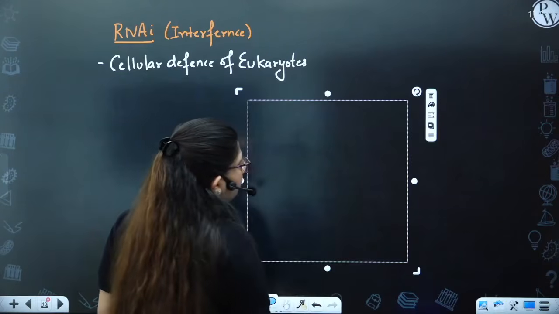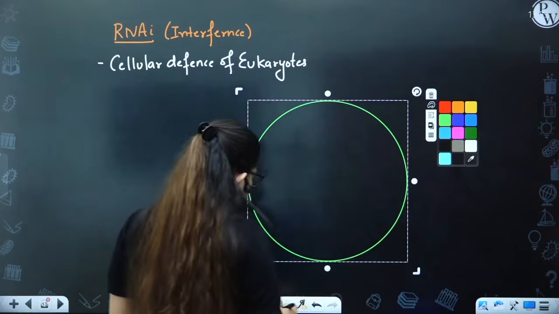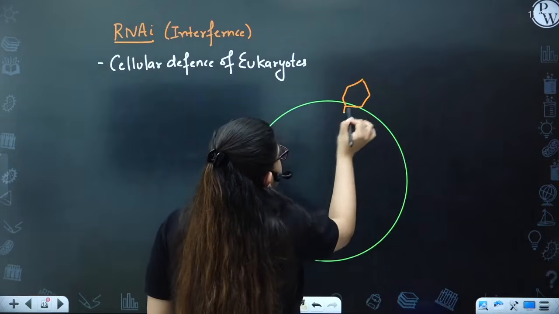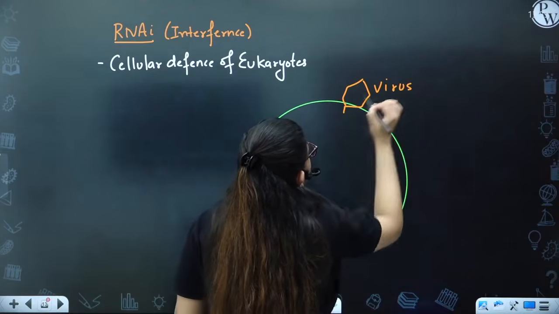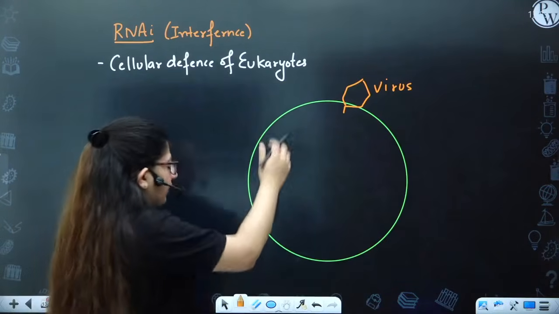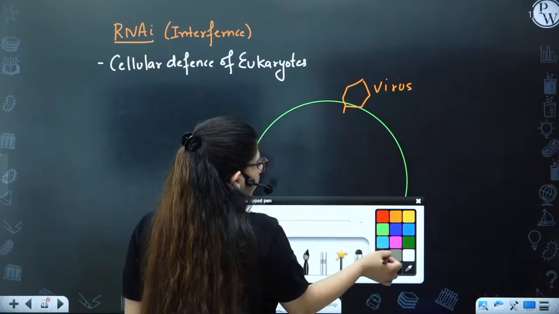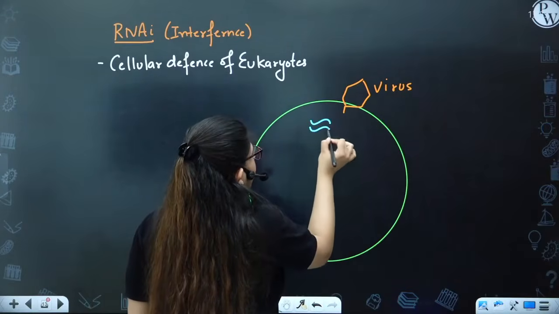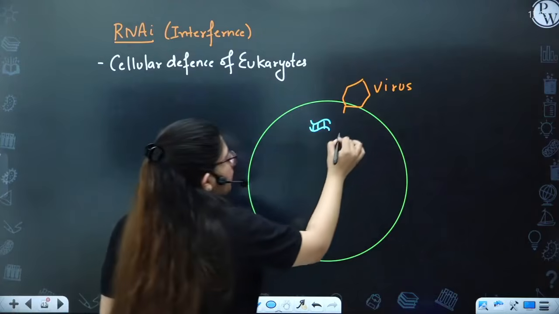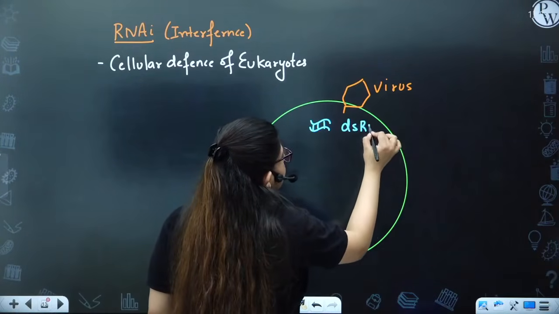For example, a virus enters your body, and our RNA gets double-stranded, or the virus is itself double-stranded RNA. So our body has a natural defense mechanism to destroy this double-stranded RNA, and that technique is RNAi.